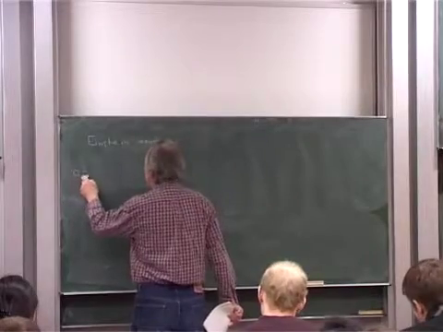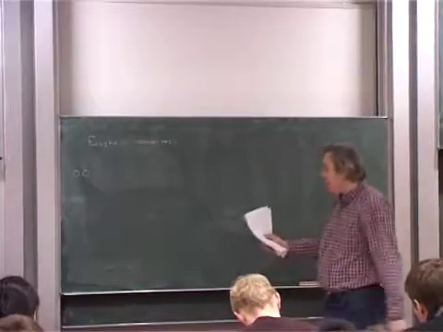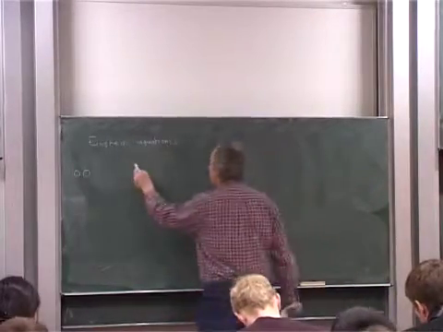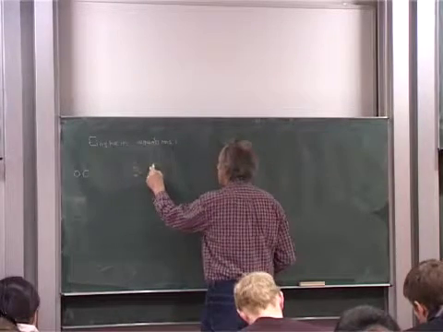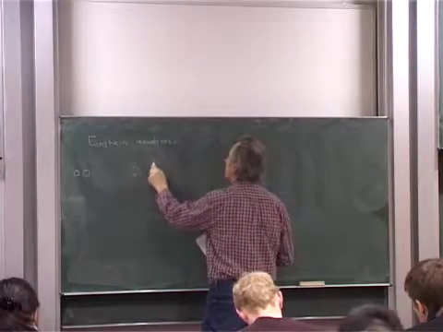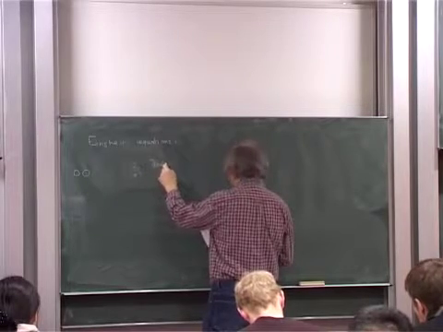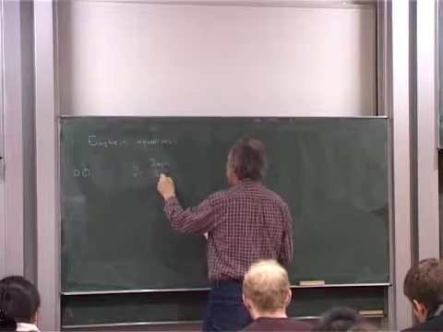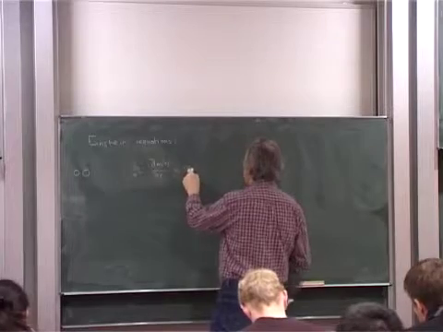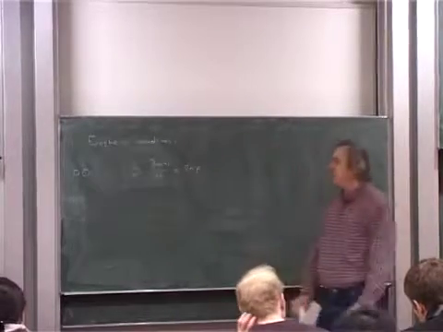The 0,0 equation turns out to be 2 over r squared dm of r by dr equals 8 pi times the energy density rho.